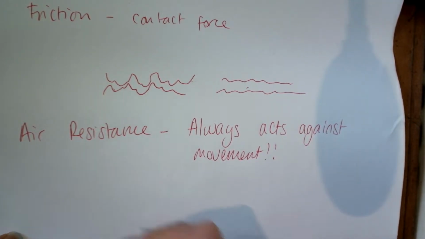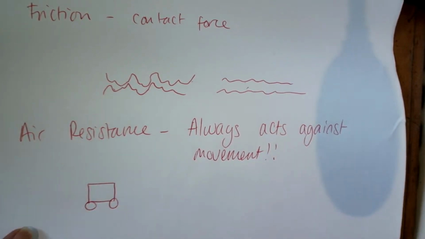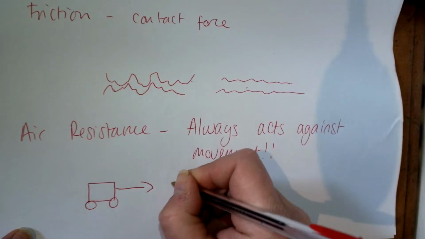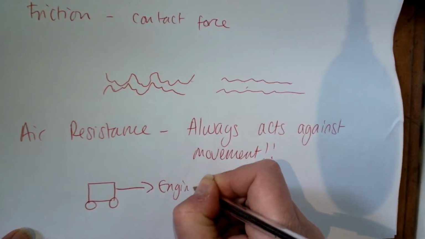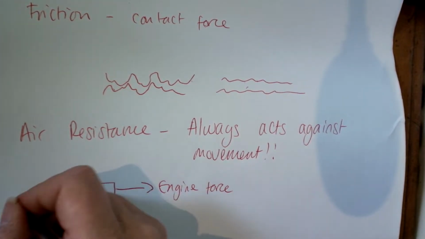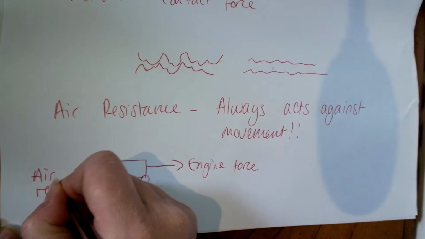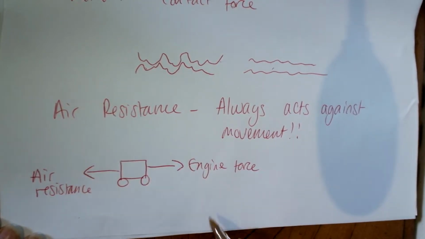So if I have a car, now a very badly drawn car, there's my car, and it's travelling in this direction, this is the engine force, then this is going to be the air resistance. It's always going to go in the opposite direction. My car is travelling in that direction.